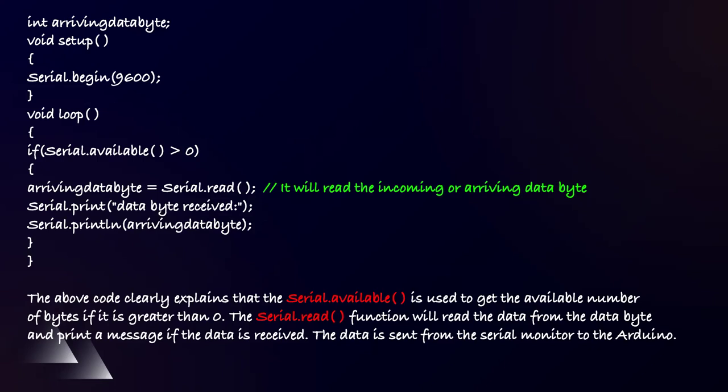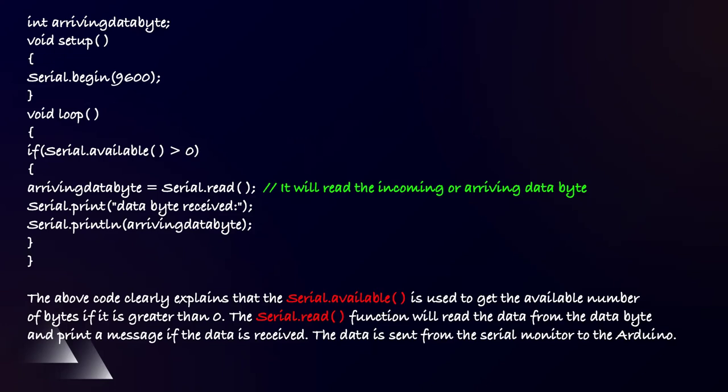Now the above code clearly explains that Serial.available is used to get the available number of bytes, and only if it is greater than 0, that is the whole condition we have taken here.